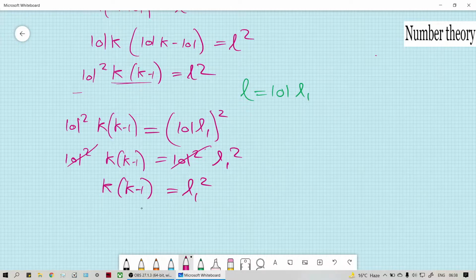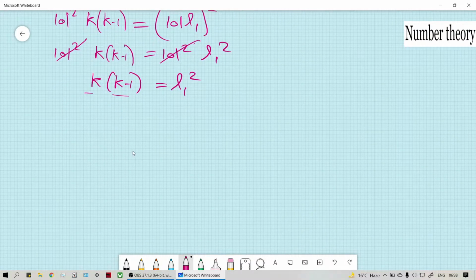We can clearly see that these are two consecutive numbers, so their GCD will be 1. GCD of any two consecutive numbers is 1.